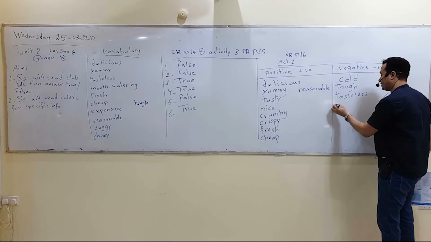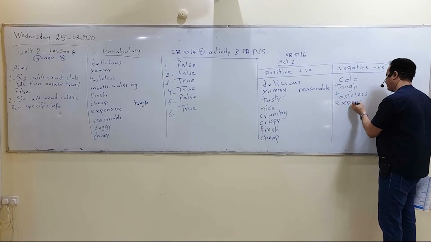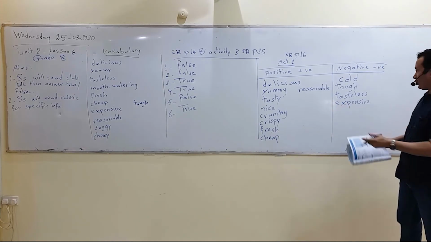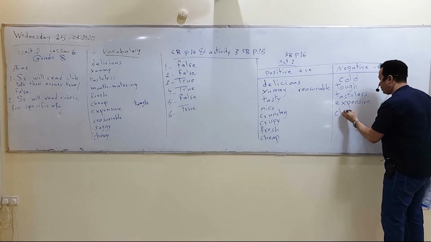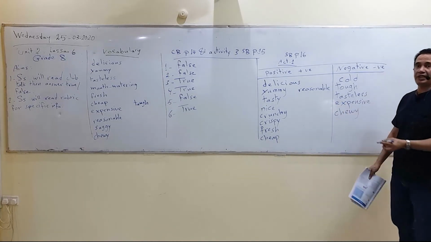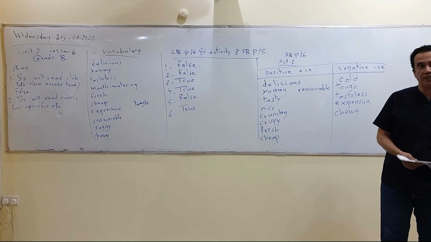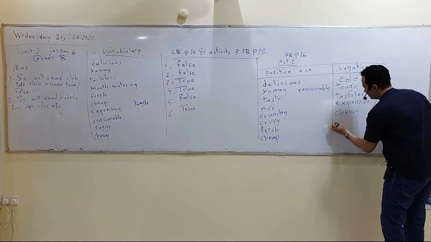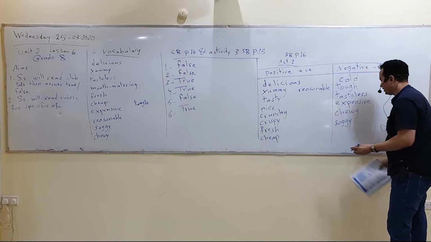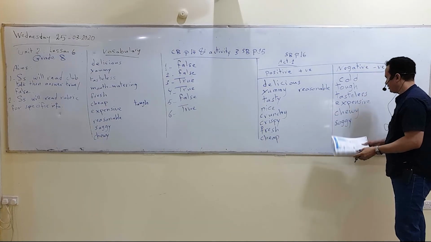Expensive. We don't like the food to be or the drink to be expensive. Chewy means you keep chewing it and chewing it and chewing it. You can't eat it easily. Soggy, so the taste is not good, so it's also negative here.